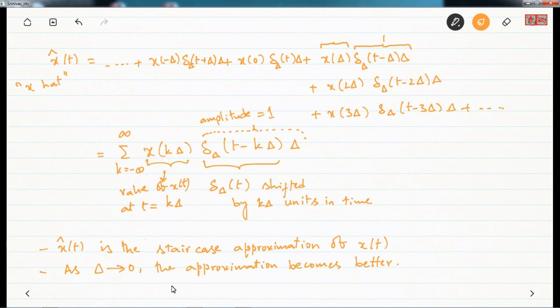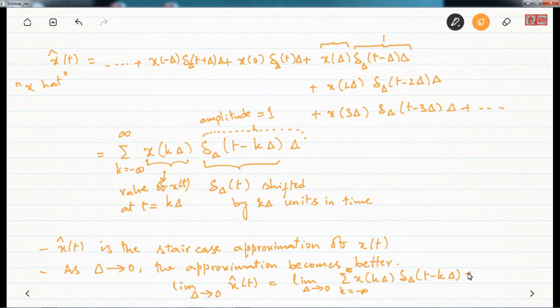So you can see that in the limit delta goes to 0, x hat of t is the sum of x of k delta times delta delta of t minus k delta, k equal to minus infinity to plus infinity.